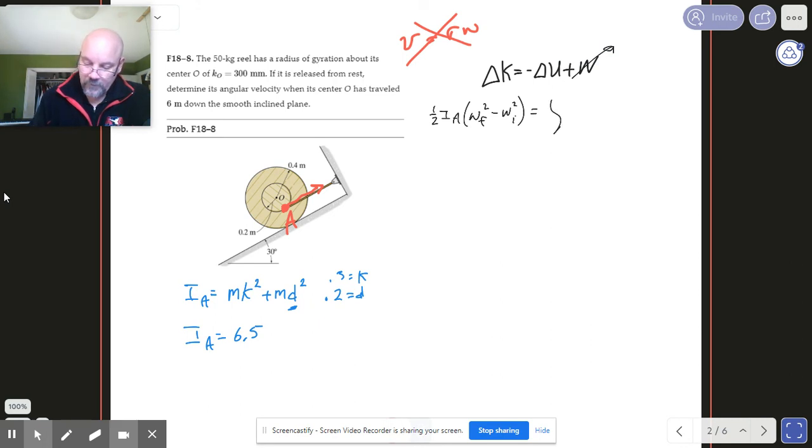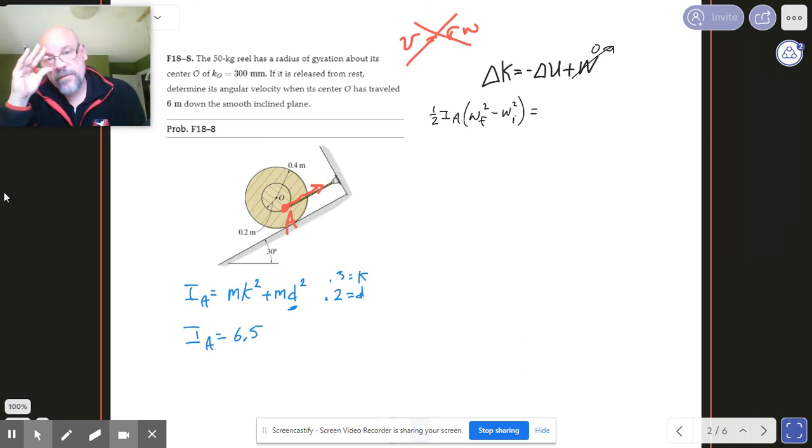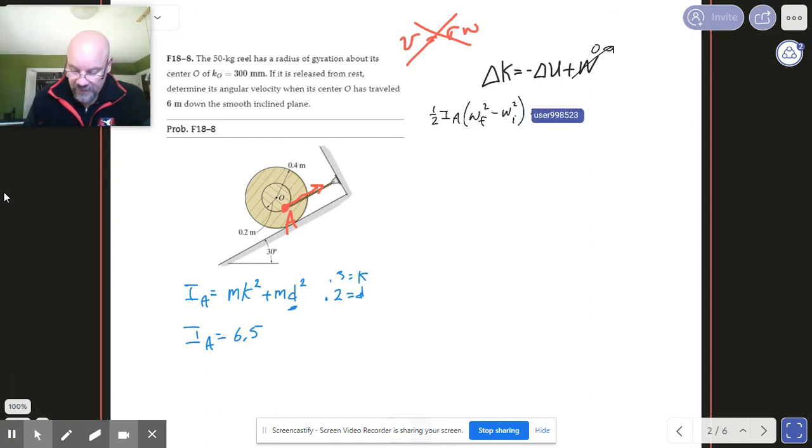All that's going to 0. We don't have a spring here, so we don't have spring energy. All we have is displacement due to gravity, so we can do gravitational potential energy, so minus mg delta y.